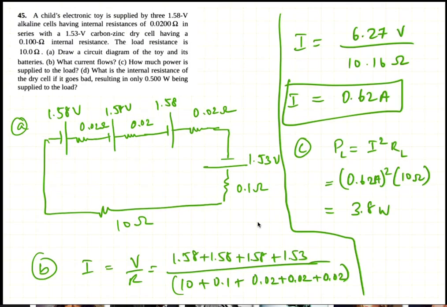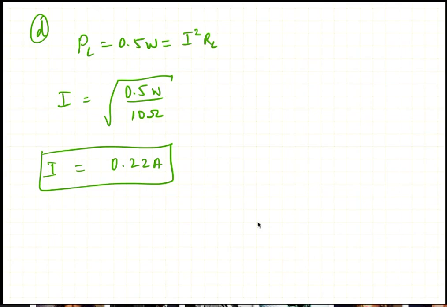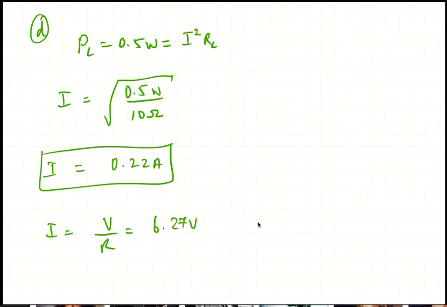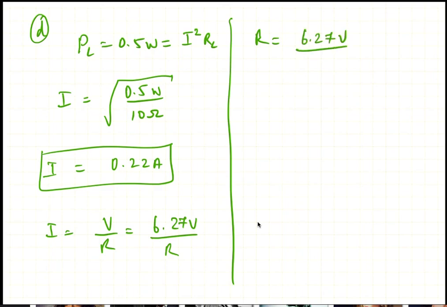And so if the current is total voltage over resistance, the total voltage in the circuit is 6.27 volts, so the total resistance would be 6.27 volts divided by 0.22 amps, which would be 28.5 ohms.